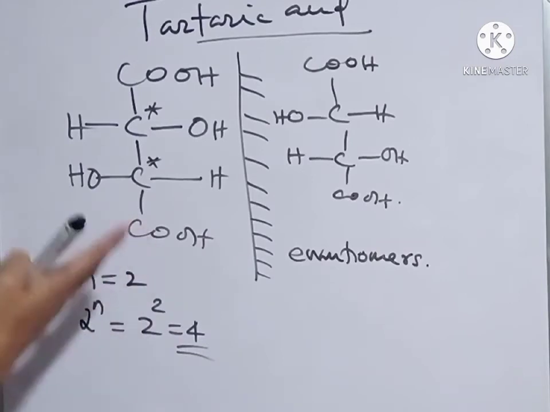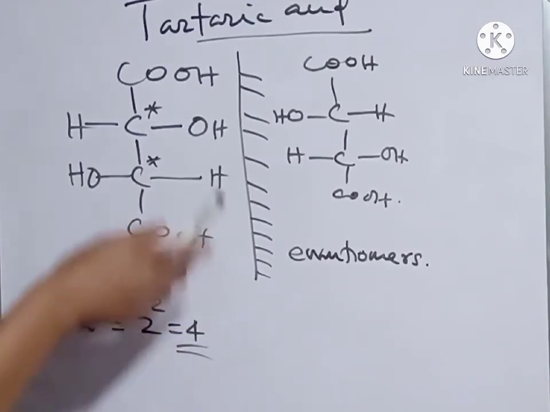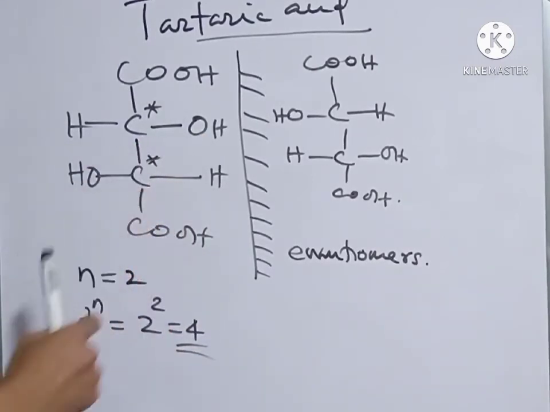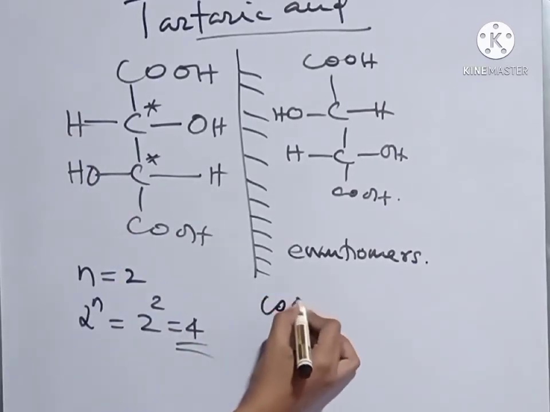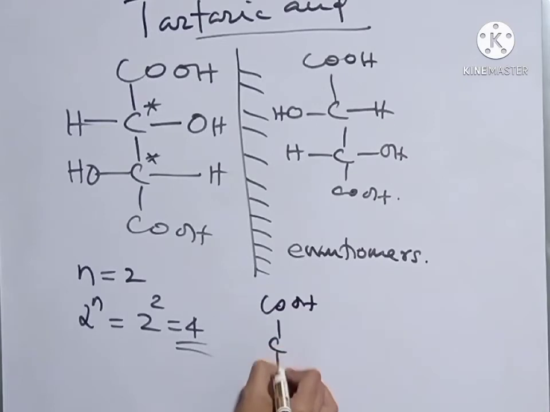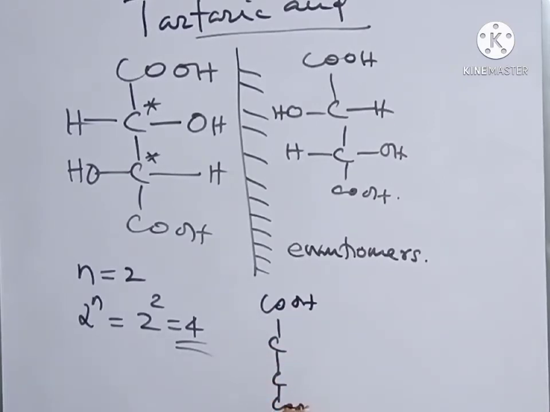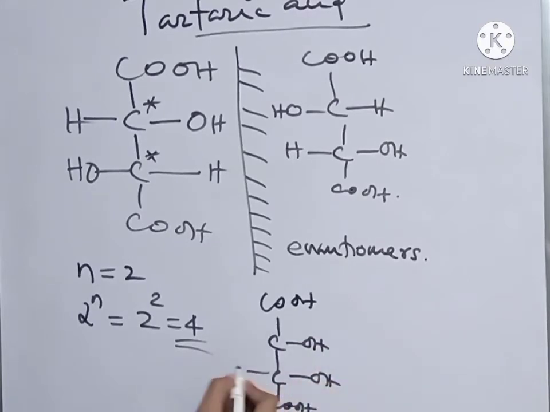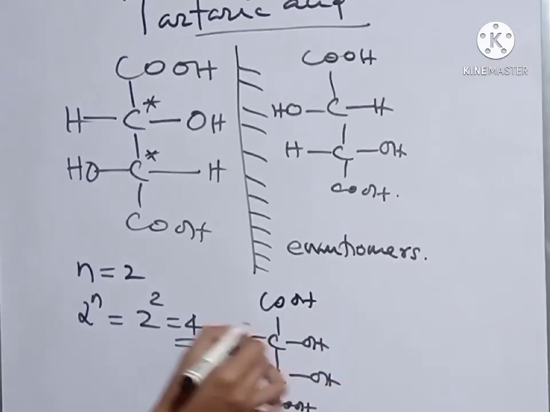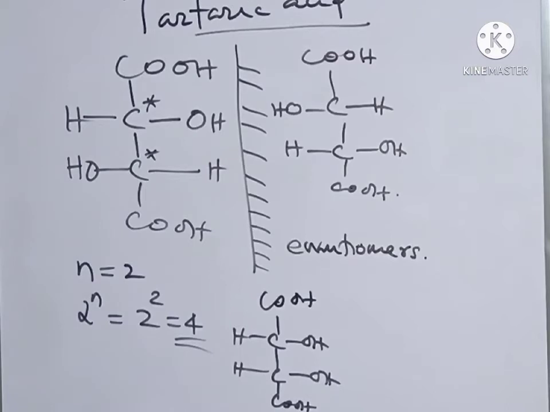The next stereoisomer will have two OH groups on the same side. So the structure will be like this: COOH, C, C, COOH, OH on the right side. Here also OH is on the right side and hydrogen is on the left side. Here also hydrogen is on the left side.